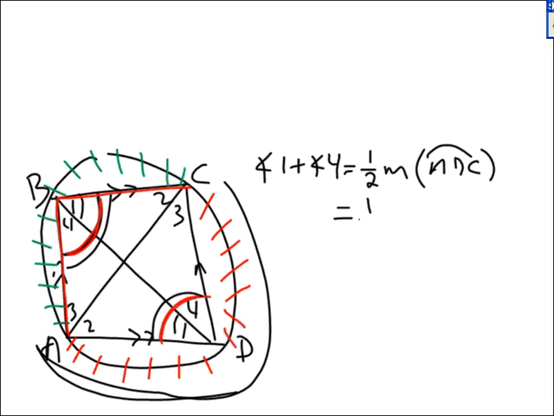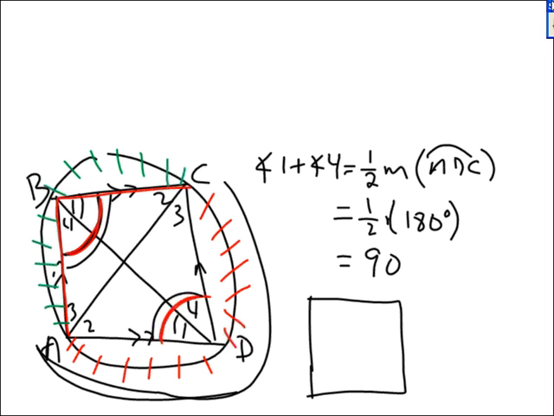But we just argued that arc ADC is 180 degrees, and half of 180 is 90. Once I get one of these angles in parallelogram ABCD, once you know that you have a parallelogram, that is, opposite sides are parallel, and you have a 90-degree angle, forget about it. They're all four right angles. You don't have to stress it out anymore.